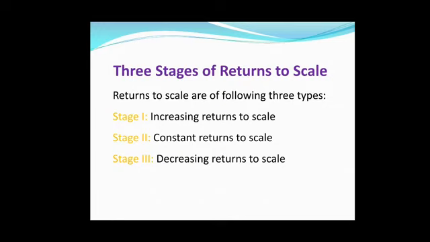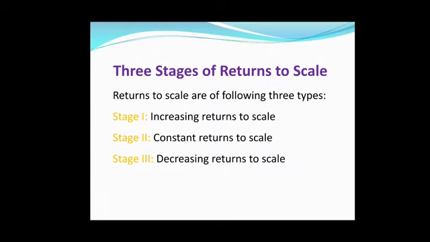Now, dear students, coming to the stages of returns to scale. Students, when a firm increases all the factor inputs proportionately, there are three possibilities. Number first possibility is total output may increase more than proportionately. That is, the proportionate or percentage increase in output is more than the proportionate increase in inputs.